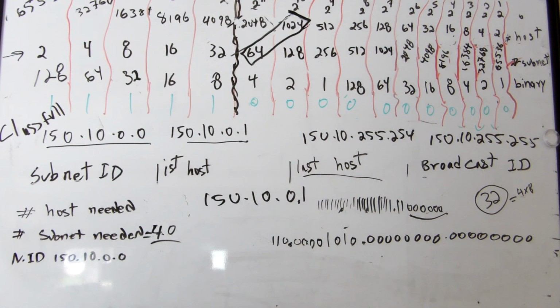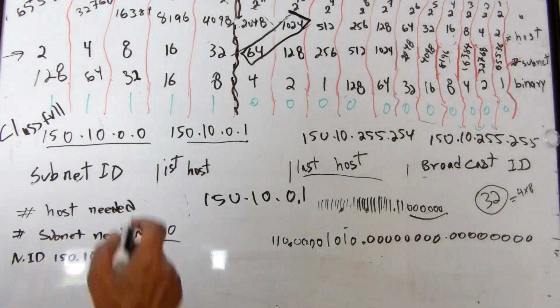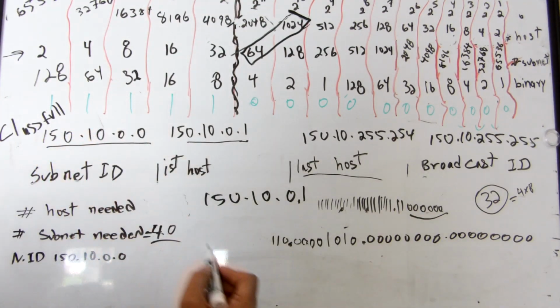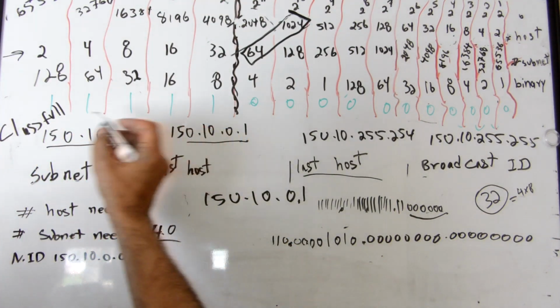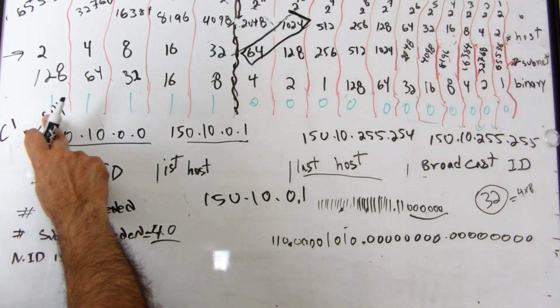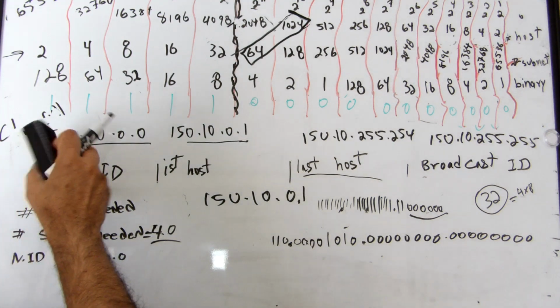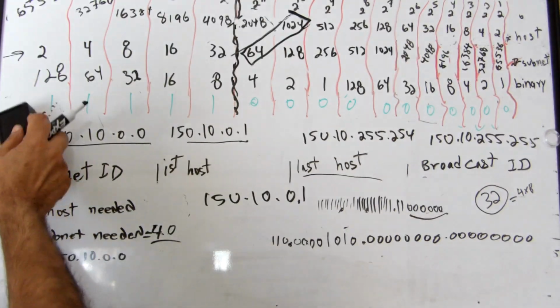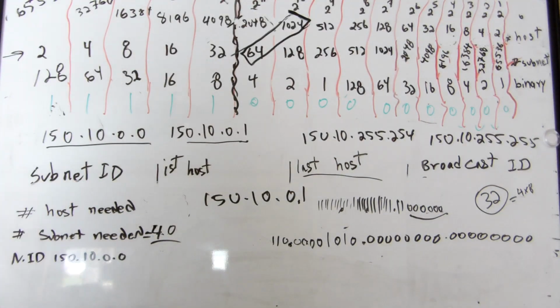So from here you find out how many. These are the bits, okay, binary.